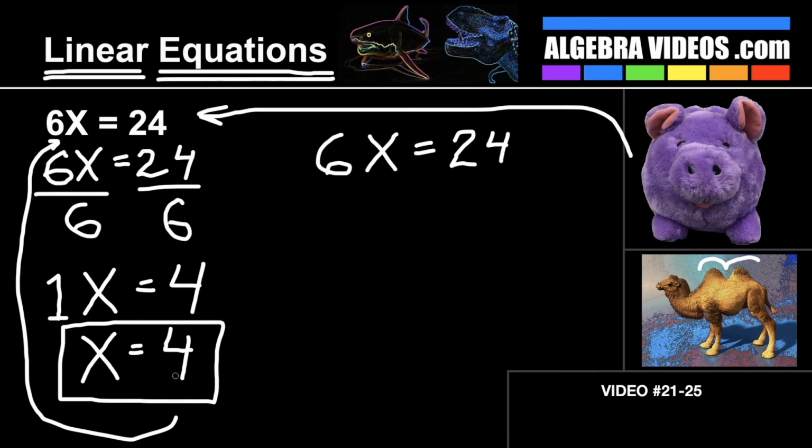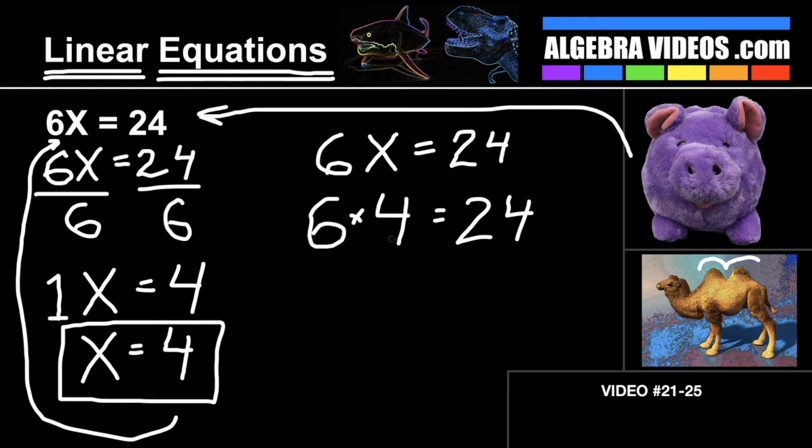And now I'm going to plug in, for x, this 4. So instead of 6 times x, it's going to be 6 times 4. Equals 24. Just bringing that one down, not changing anything.